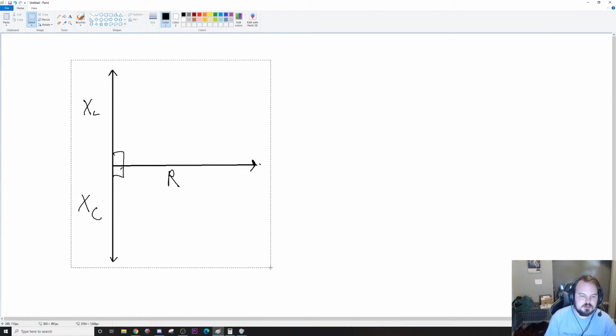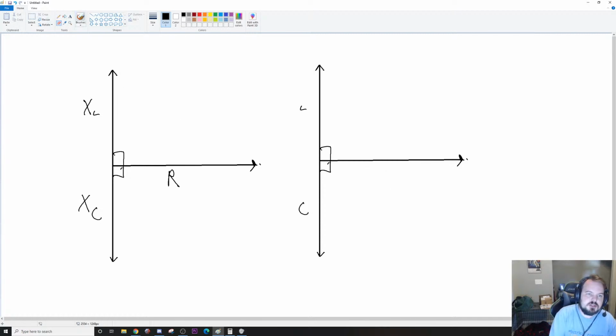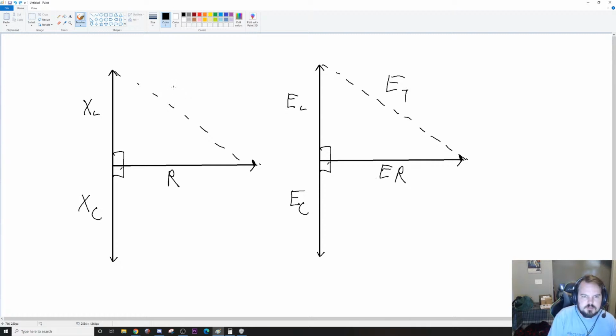It's the same, except it is voltage instead, so it's E of L, E of C, and E of R. And this would be E total, and this will be Z.